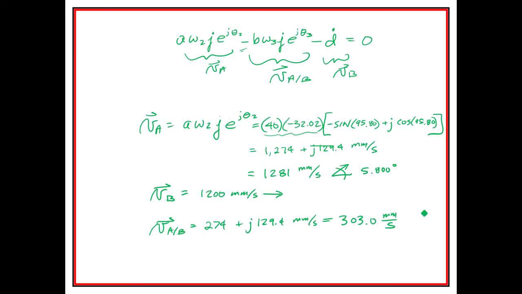And this is going to be in the upper right quadrant right here, so that's going to be upwards like that right there, and it's going to be 129.4 divided by 274, and take the inverse tangent of the thing, and we're left with 25.28 degrees right there, going upwards.